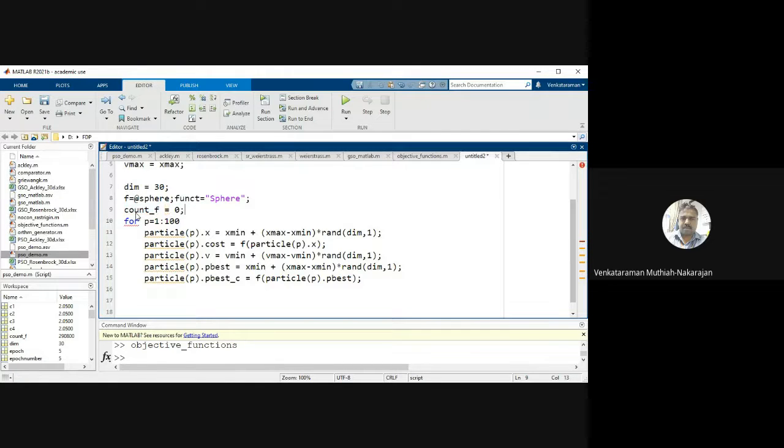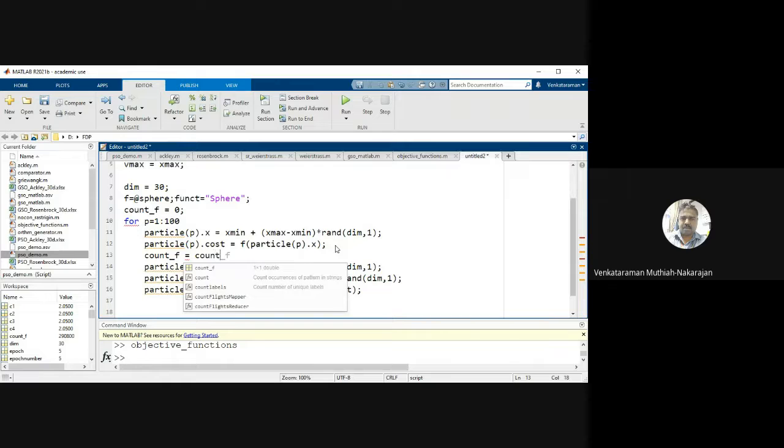See, one other parameter that we look for is we need to keep track of the function evaluations. Every time we evaluate the function, I am incrementing a variable.